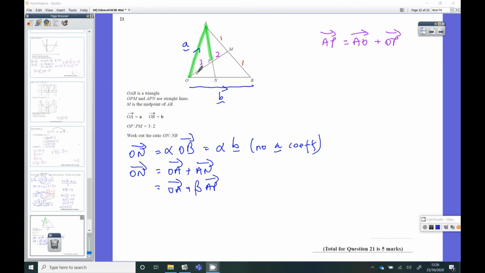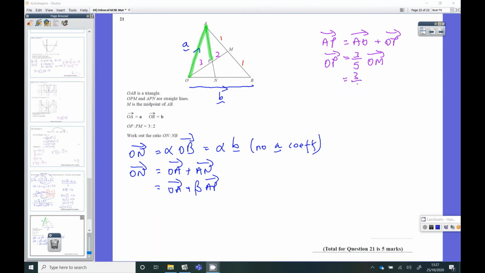Now what do I know about O to P? Going from O to P is 3/5 of going from O to M. So OP is 3/5 of O to M, just by following that 3 there and the 2 there. So O to P is 3 out of 5 of going from O to M. And what do I know about O to M?